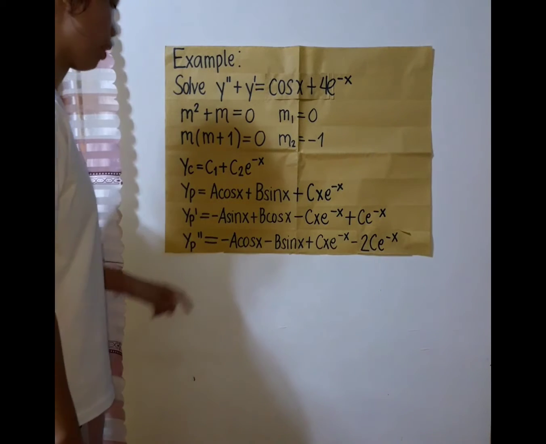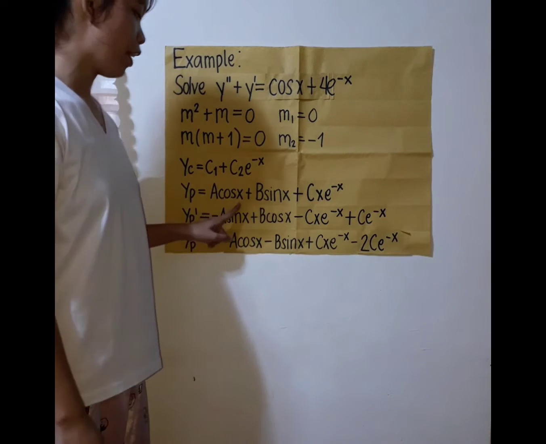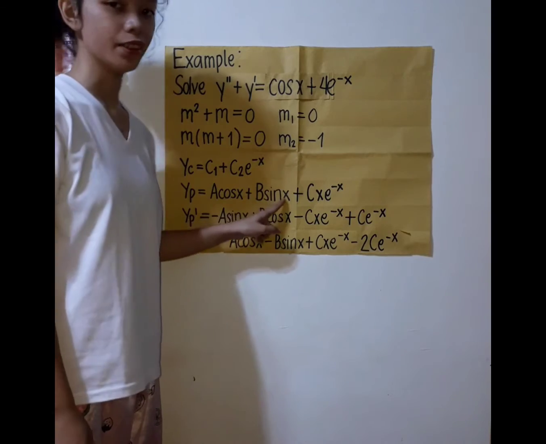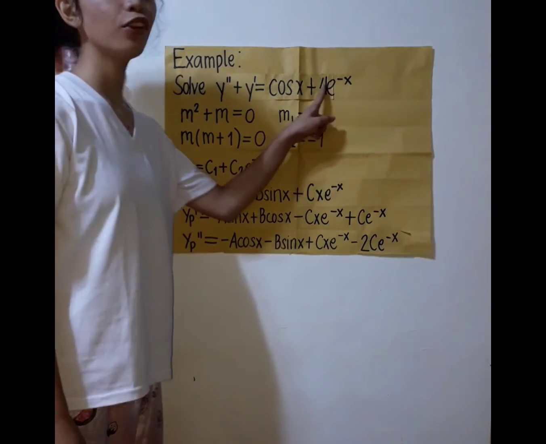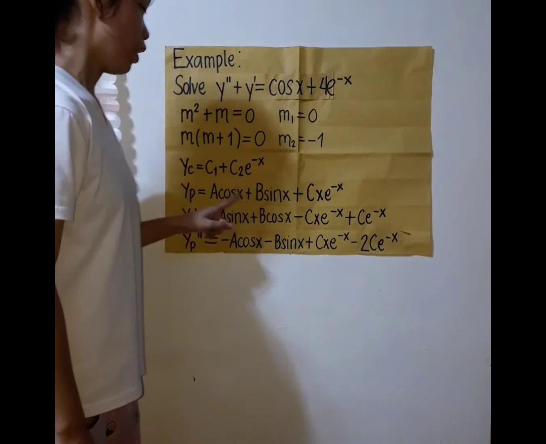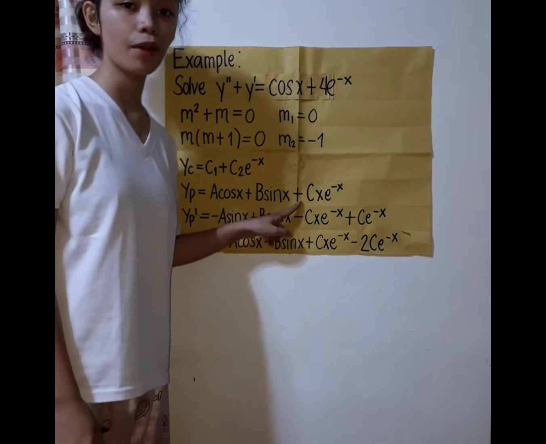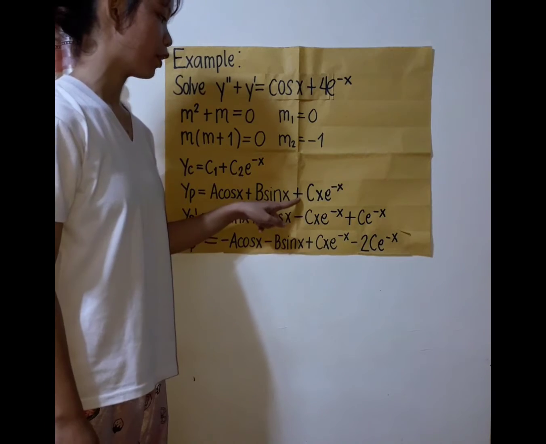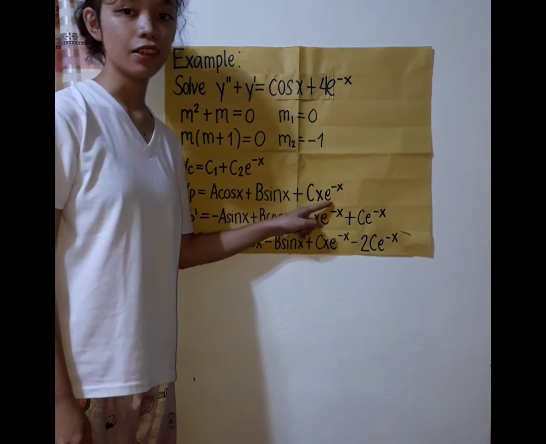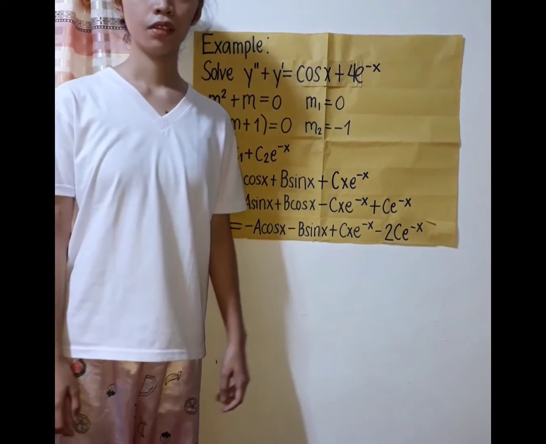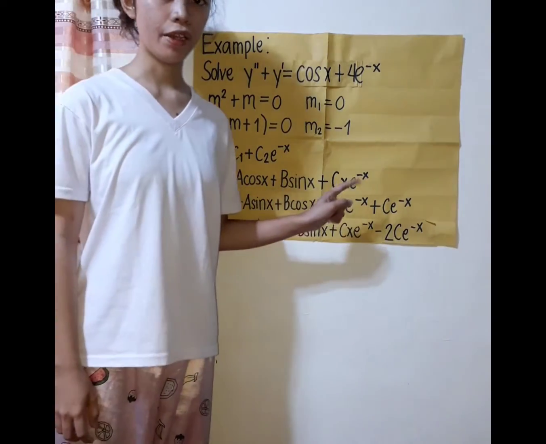So, magiging ganito siya. A times cosine x plus b sine times x. So, paano ang mangyayari sa exponential? At dahil nagamit na natin ang A at B, ngayon naman gagamitin natin ay C. So, magiging plus CXE raised to negative X. So, meron na tayong YP.